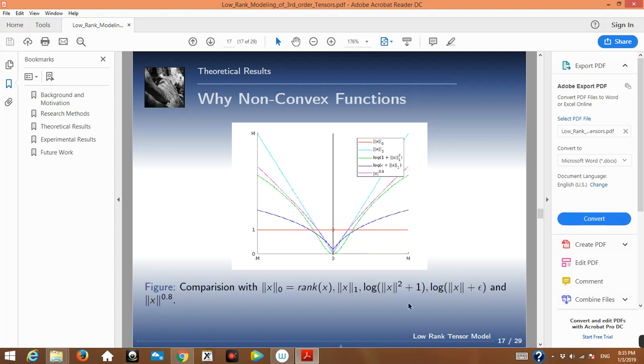So we try to use non-convex functions to shrink the large singular values less. You can see when x becomes bigger, the gap between this non-convex function and the rank is not as big as the nuclear norm. So that's the reason why we introduce non-convex functions.